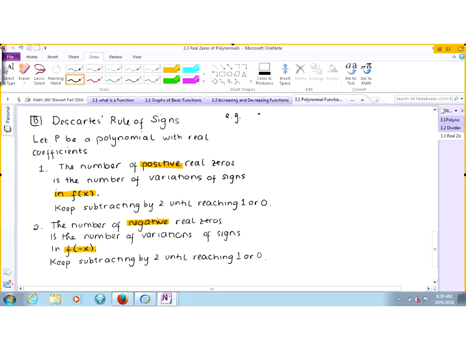Okay. So for example, use the Descartes rule of signs to find the number of positive and negative real zeros.